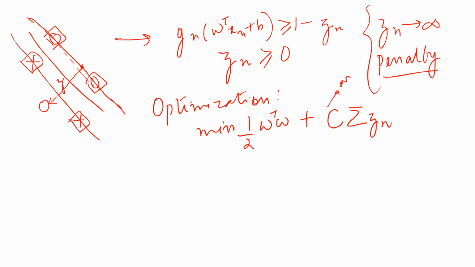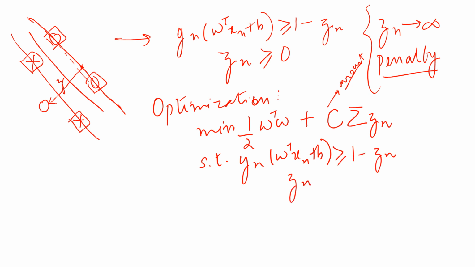This is the amount by which we can penalize this penetration, right? And then the new constraint that we just came up with: subject to yn w transpose xn plus b greater than or equal to 1 minus zn, where zn is greater than or equal to 0. So that's a positive penetration. Now, if we solve this problem, we are allowing some penetration, but we are also penalizing too much of it.